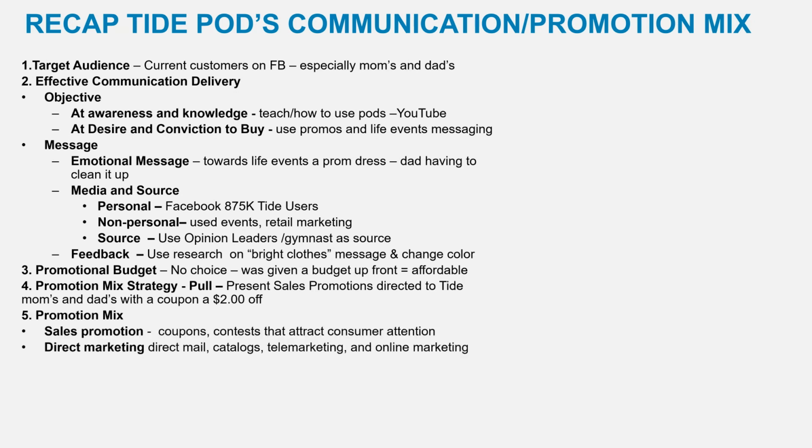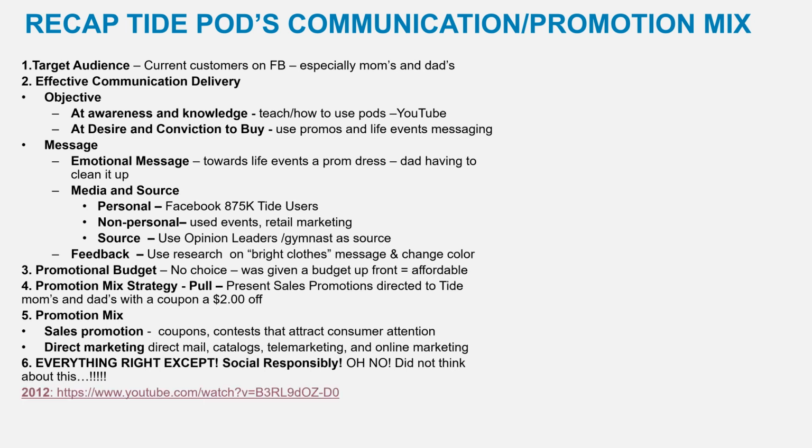And the promotion mix that they used was sales promotions, coupons, and contests to attract customer attention, and direct marketing, direct mail, catalogs, telemarketing, and online marketing. They did everything right except the social responsibility section. Why is that? Let's take a look at what happened.